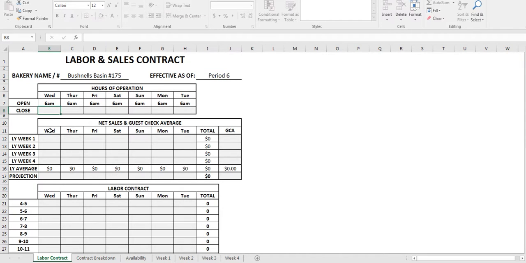The next step was to input hours of operation. Now, every bakery in the company opens at the same time, at 6 a.m. It's just the closing times that differ between bakeries. So in this case, the closing time is 6 p.m. Monday through Friday, and 5 p.m. on the weekends.